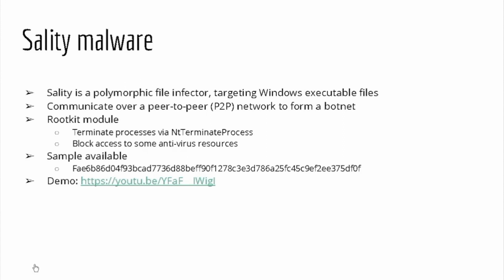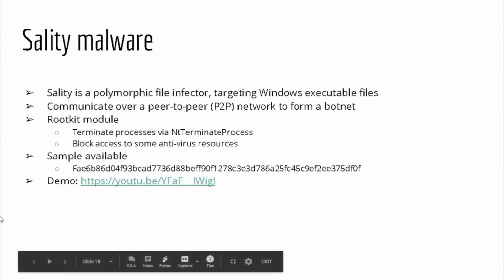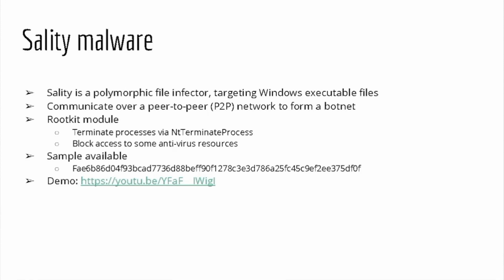It communicates over a peer-to-peer network to form a botnet. Sality uses a rootkit to block connections and kill antivirus processes. I found a sample from VirusTotal and I will debug the rootkit from the Sality malware.